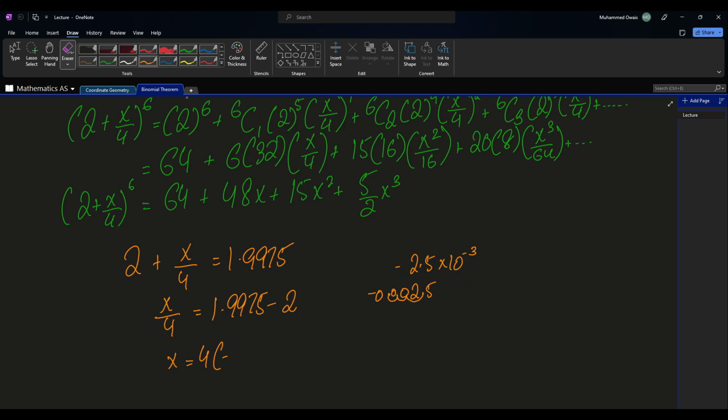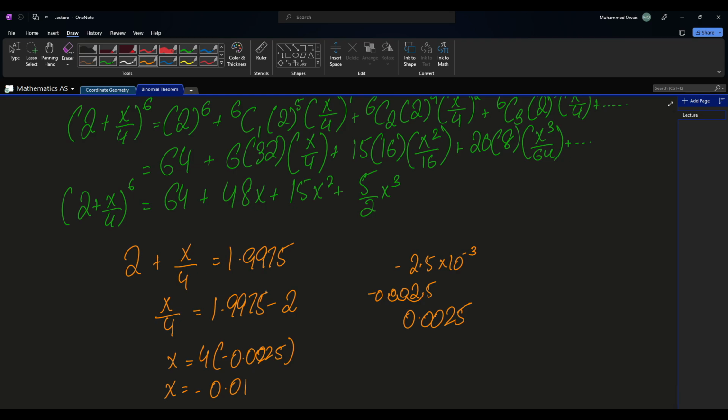So this is 0.0025. Okay, we basically took it back 3 times. So negative 0.0025. So x is equals to 4 into negative 0.0025. This gives us negative 0.01. Alright.